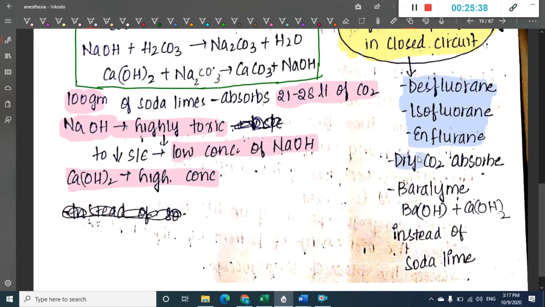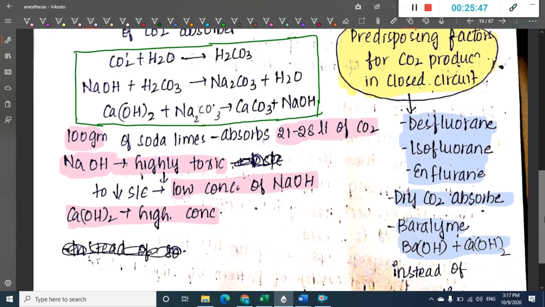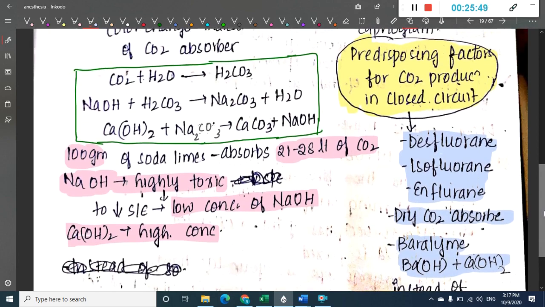Also, whenever we have a dry carbon dioxide absorber, or if we use Baralyme instead of soda lime, there are increased chances of it occurring in a closed circuit.